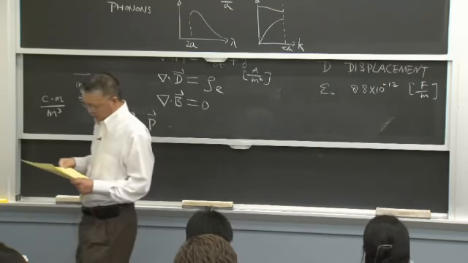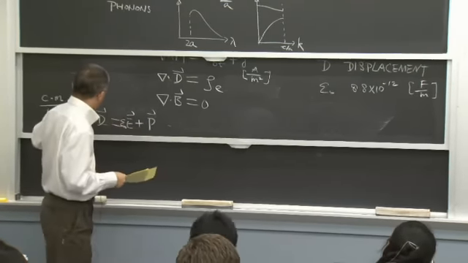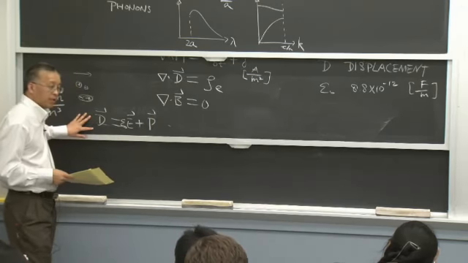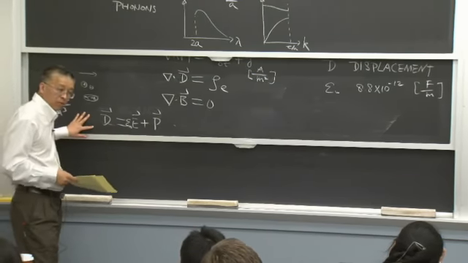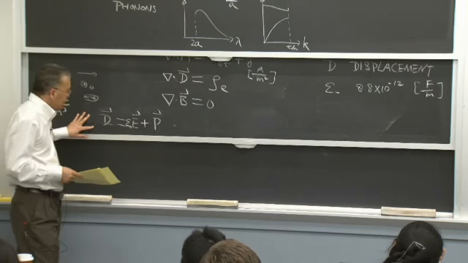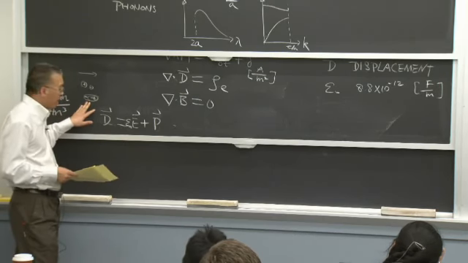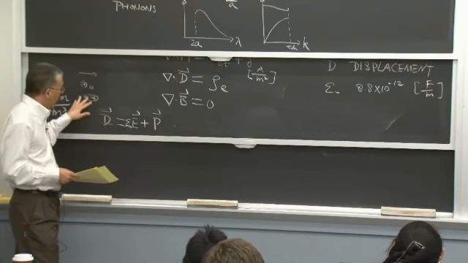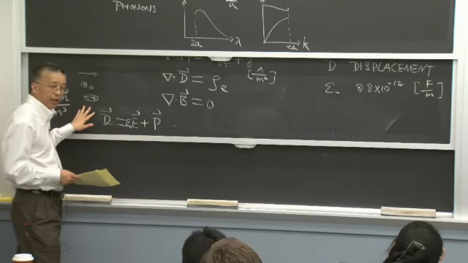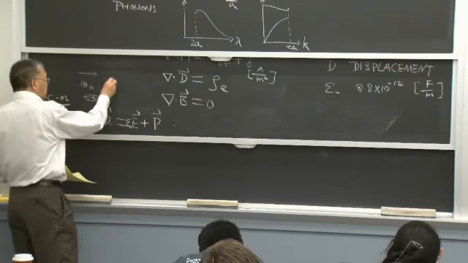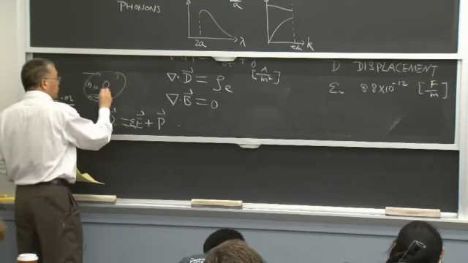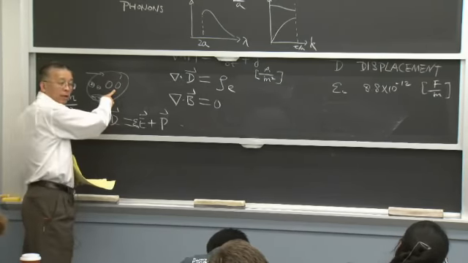So this is D here, the displacement field. I said that this is where the external field creates a dipole, right? In a real solid, it's not that simple because you have an atom here, you have another atom here, right?